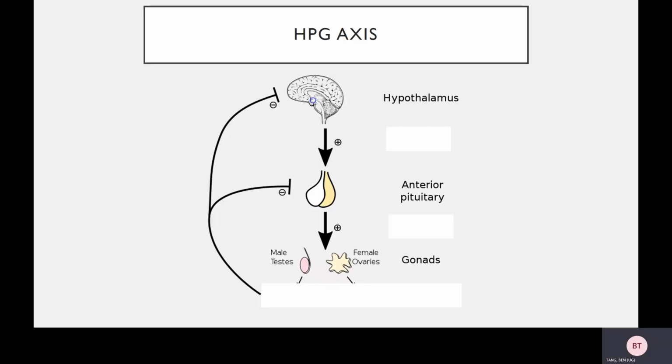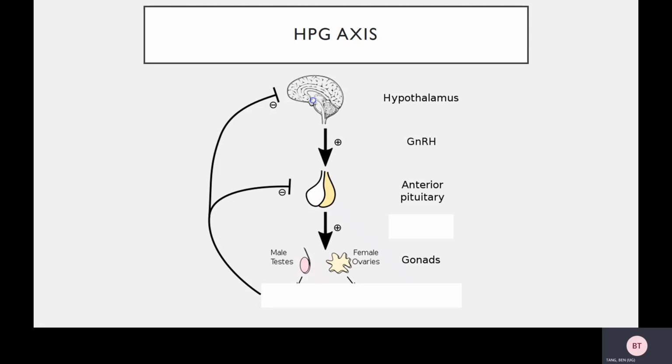Now, your third axis that falls into this three-player mode is the HPG axis. G for gonads, being the organs that produce sex hormones, right? So first of all, like we've seen before, you have gonadotropin releasing hormone.